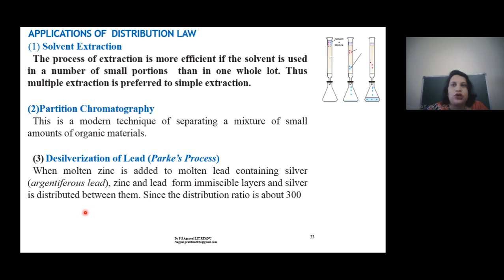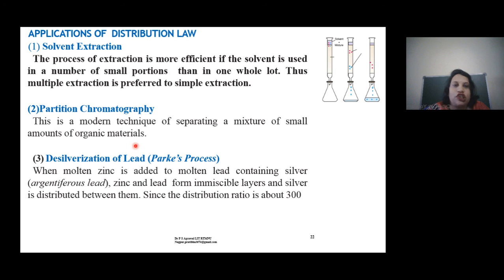What are the applications of the distribution law? Now, the first application is solvent extraction. We have just seen that it is the process used for the separation of organic substances from aqueous solution.